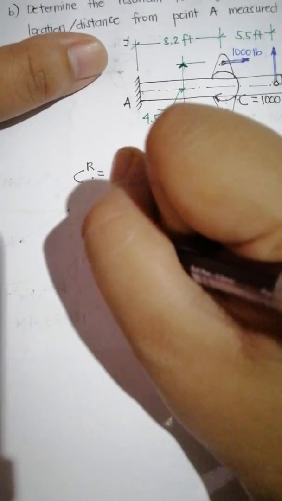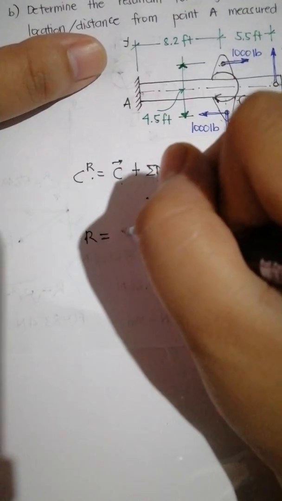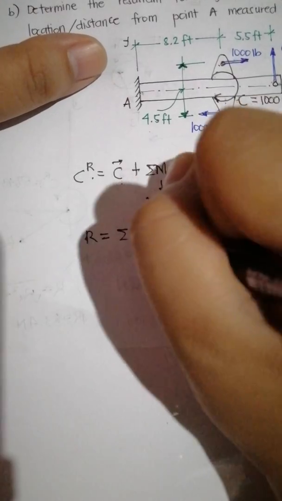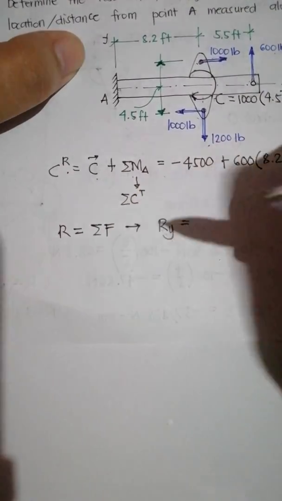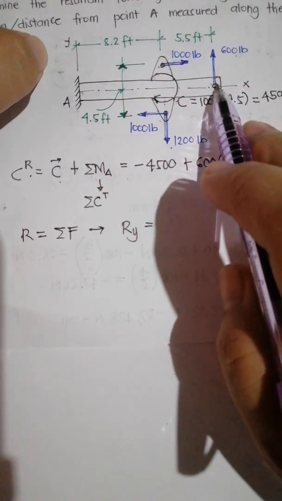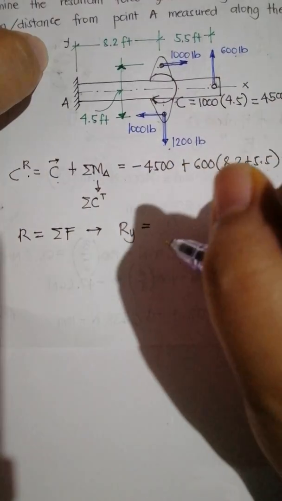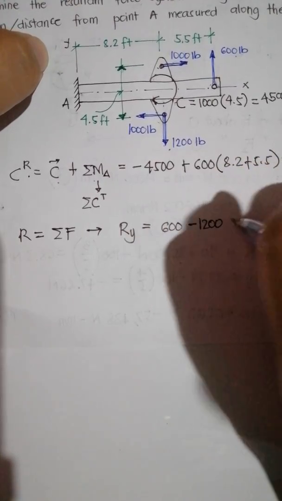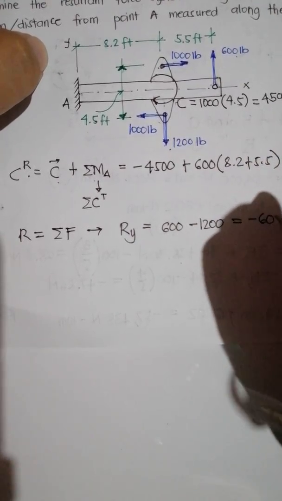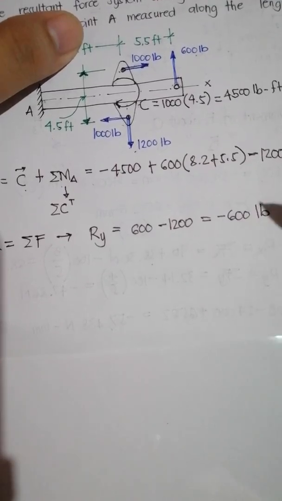As for the resultant force, just sum up all of the forces. So in this case, we only have y components of the resultant force. We have the 600 and 1,200. We have positive for 600 because it's upward, negative for 1,200 because it's downward. So we have negative 600 pounds.